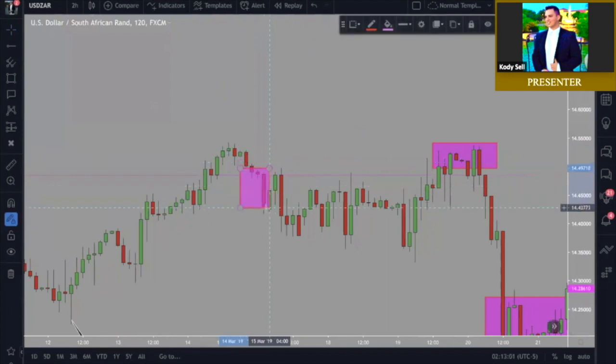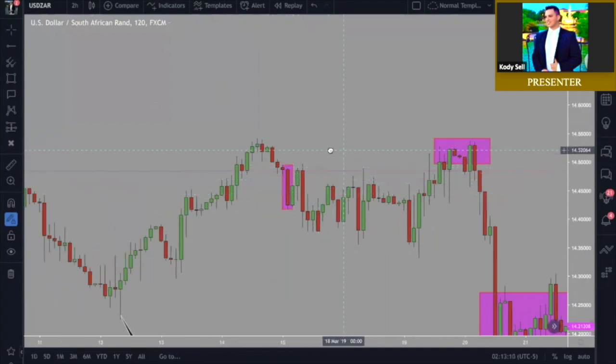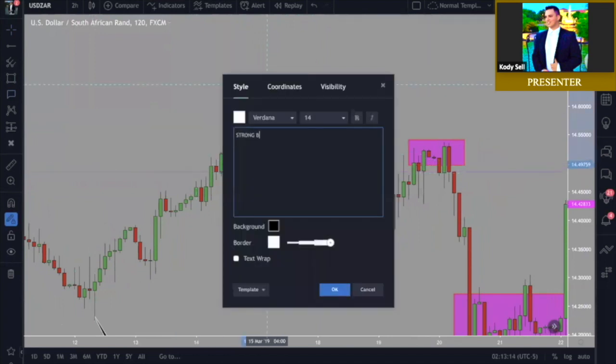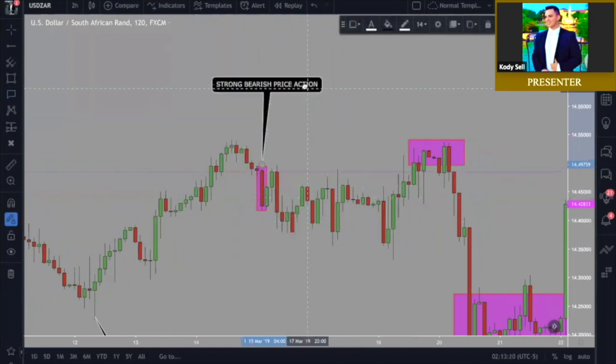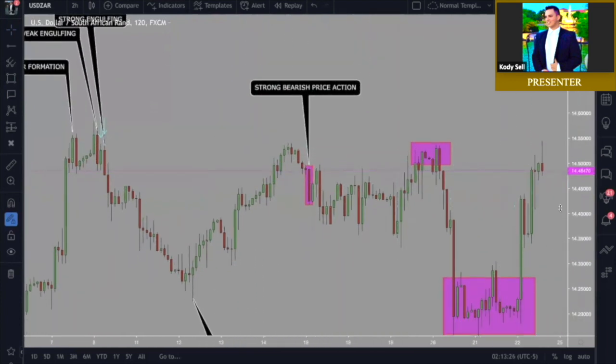It's not until right here where you see this strong bearish engulfing candlestick that you really believe that the bears are here. So again, strong bearish price action right here. That was your key. That was your signal that this bullish move was done, at least for that time.